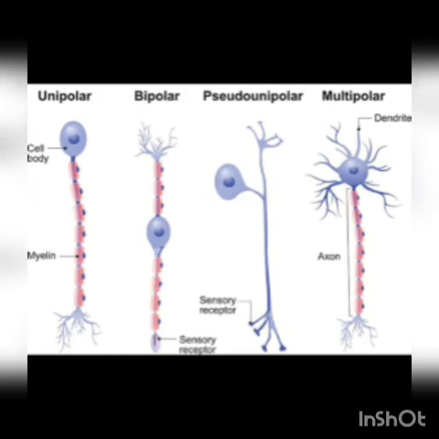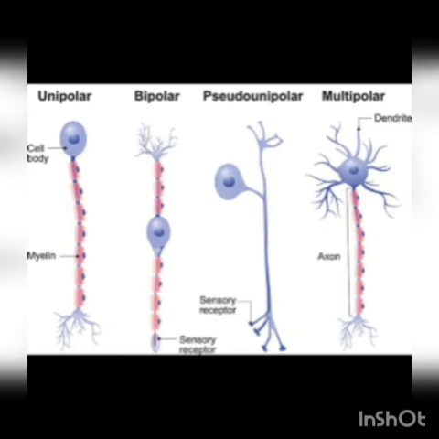Clearly there are no dendrons present; the dendrons which are attached to the cell body or soma are absent here. Only a single process, the axon, is present, so it is known as a unipolar neuron.